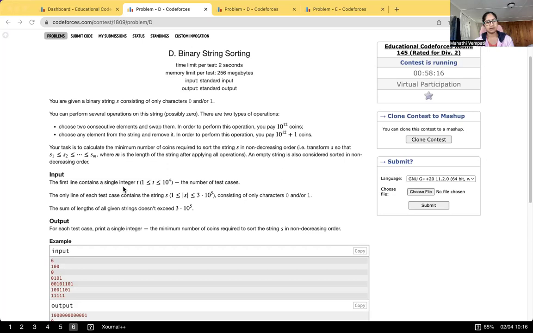So maybe that plays a role, because the 10 to the 12 is ridiculous, right? What they're trying to say is the removal is just slightly more expensive than the swap. So really you don't need to be thinking about, yeah, if a removal saves you a swap, do it.